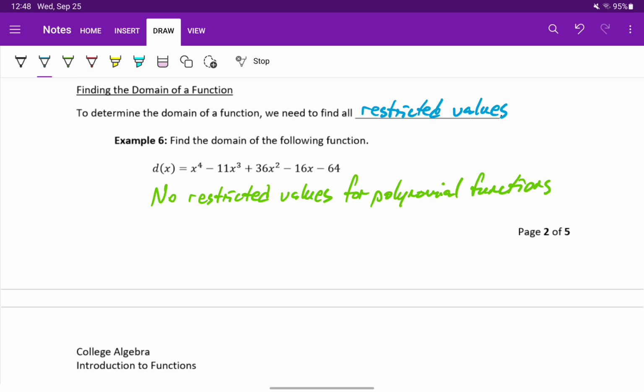We wouldn't be dividing by 0 or performing any other operations that are mathematically invalid. We can plug any number into this function, and we would generate a real number as a result. So we can define our domain for this function as -infinity to infinity without doing any work, as long as we can recognize that we're dealing with a polynomial function.